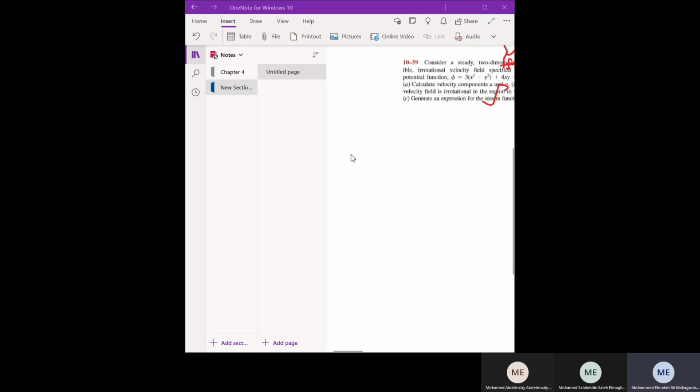So we have minus rho pi. Rho of air is equal to 1.184. This is rho of air.